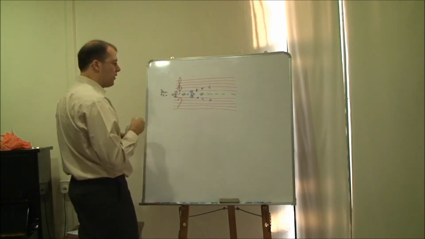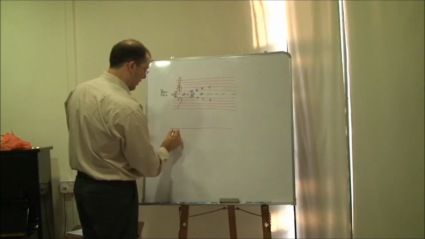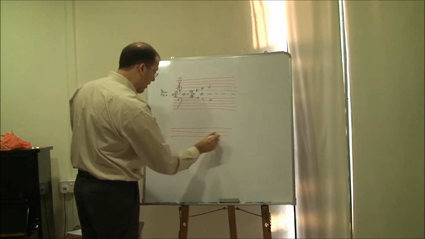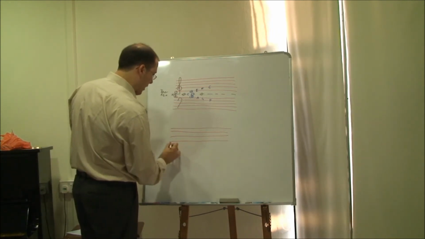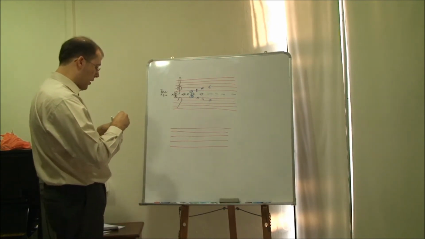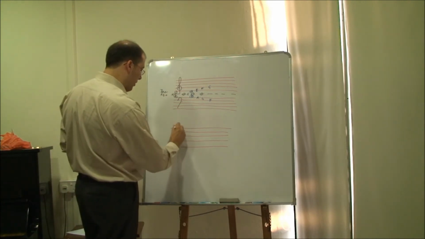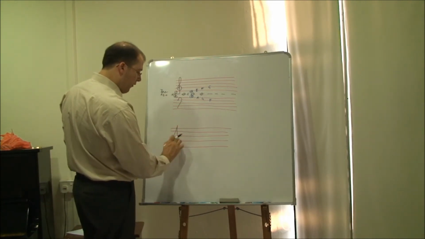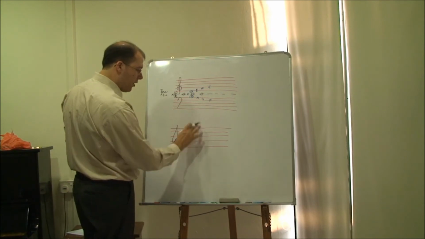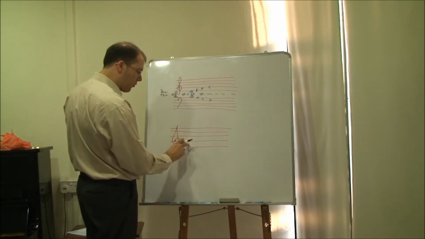Now, usually you will have the clefs separated out, so you won't have them put together like that. So what you'll have is a separated out clef, 1, 2, 3, 4, 5. And then you'll either have the treble clef. If it's a treble clef, you can use little rhymes to work out what the notes are.